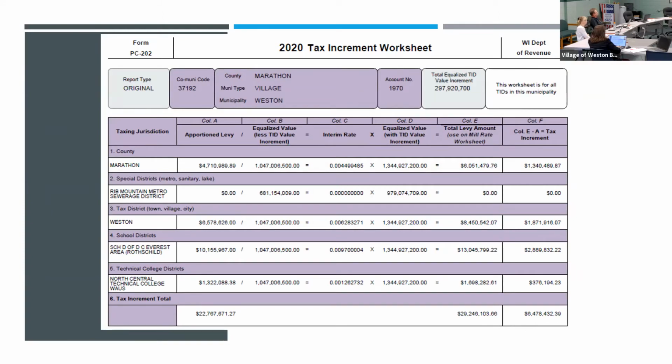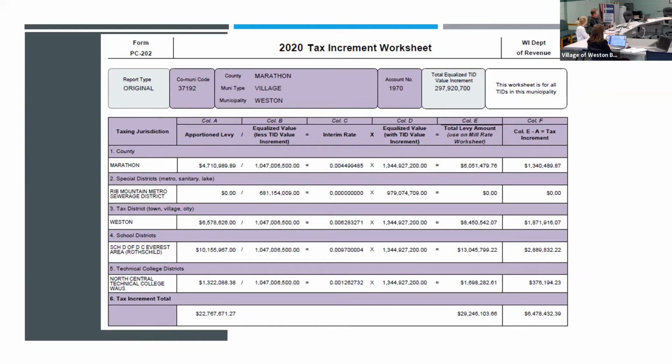This is a form the village has to do every year for the tax increment allocation, if you will. You come up with the equalized tax rate for all of the taxing jurisdictions, and then you multiply that by the equalized value with the TID increment.